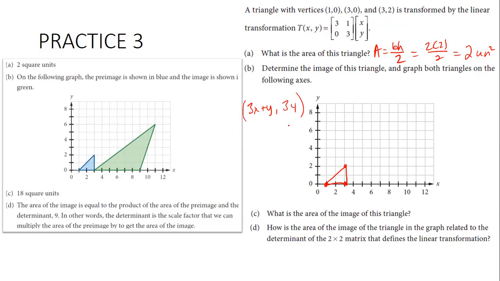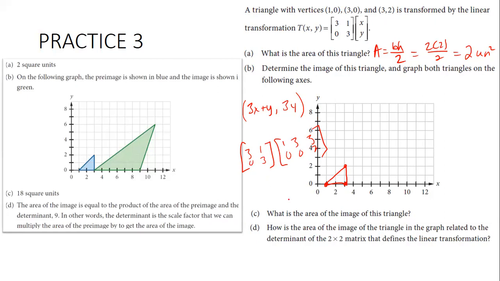Do we remember that? Okay. The other option is I can do matrix multiplication. I can do 3, 0, 1, 3 times my ordered pair points 1, 0, 3, 0, and 3, 2. Does it matter which option I do to find the new points? No. Do you remember all of that? Both of those are options on how to find where these points are being transformed.